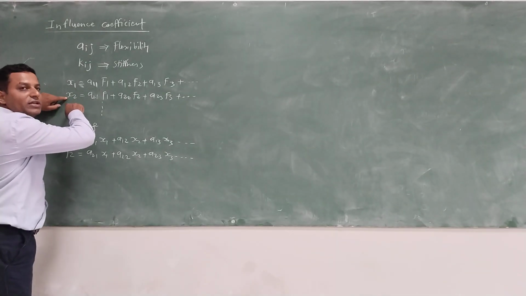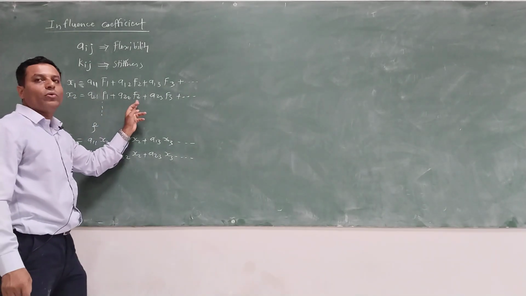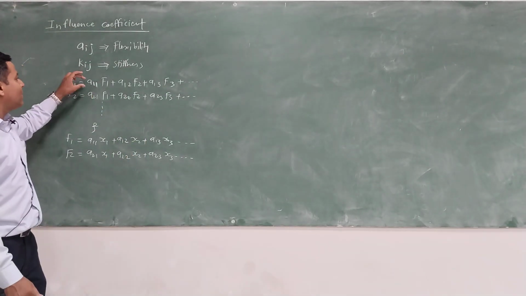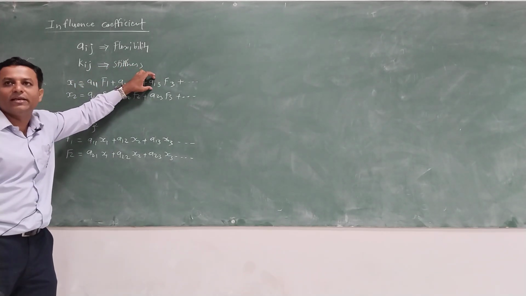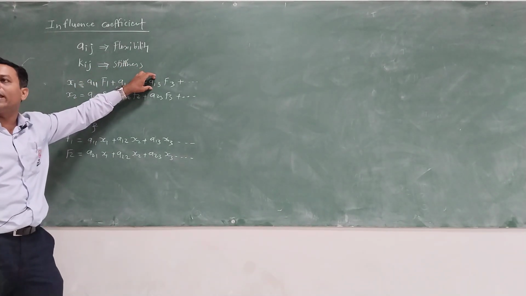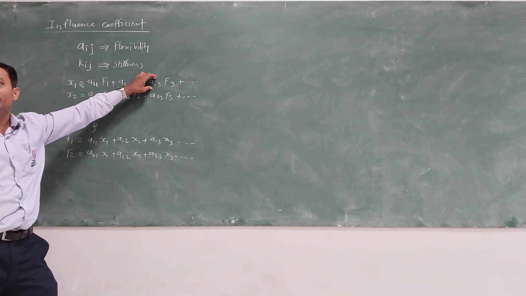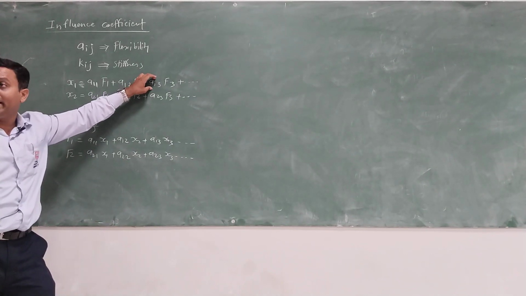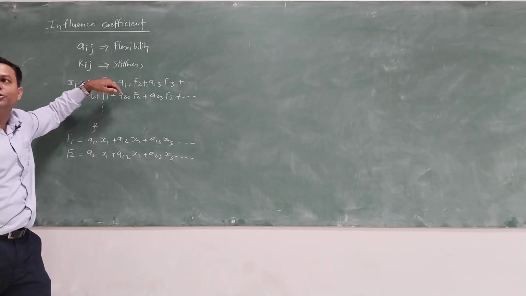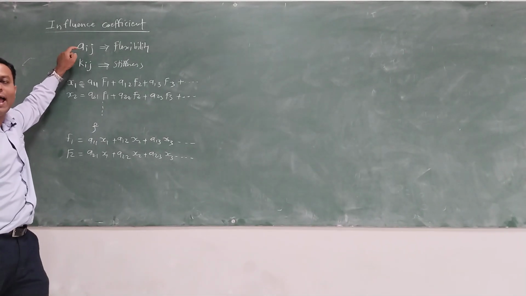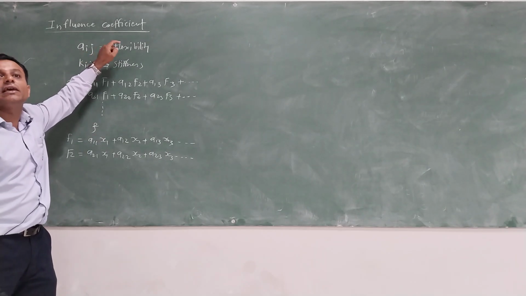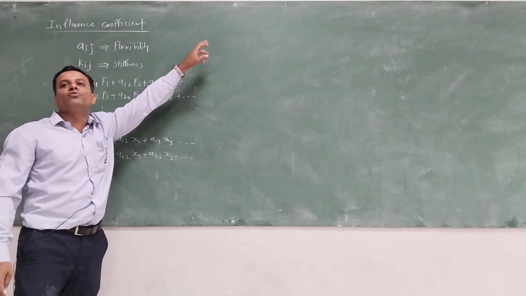Similarly, we can write x2 is equal to a21 f1 plus a22 f2. Now what is this a11, a12, a13? This a11, a12, a13 is called the influence coefficient. Basically it is the flexibility influence coefficient. So here you can see I have written aij, which is flexibility influence coefficient.